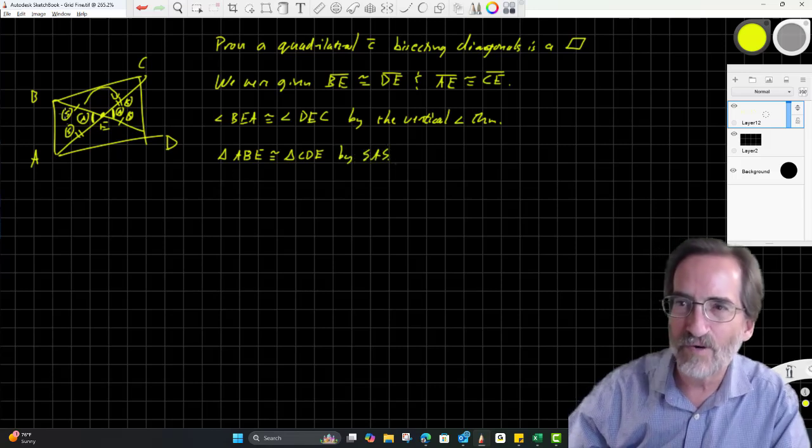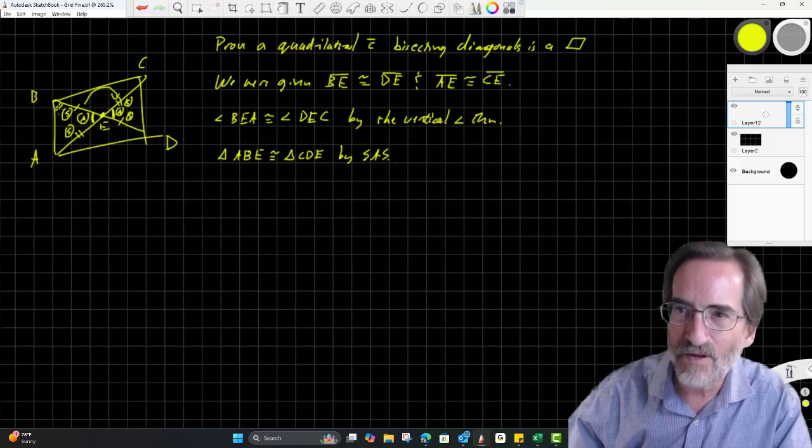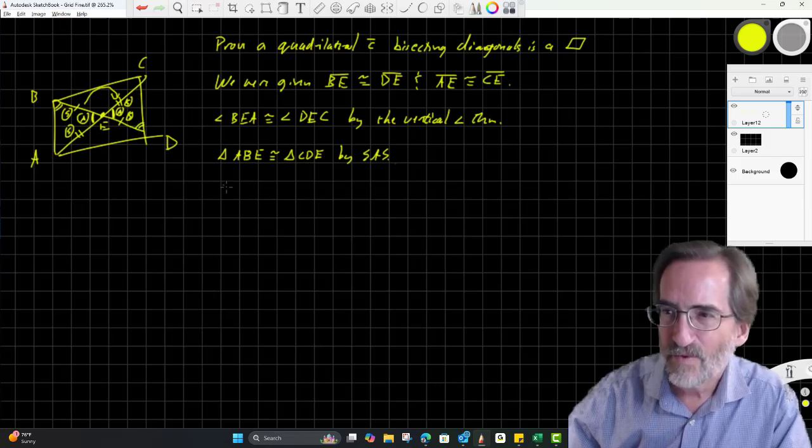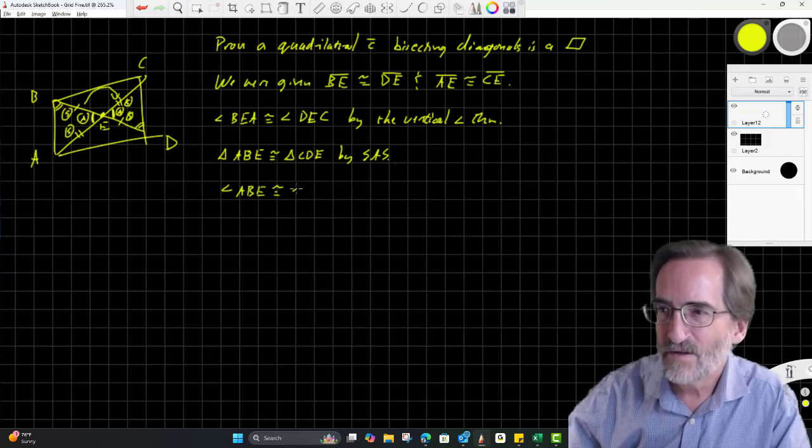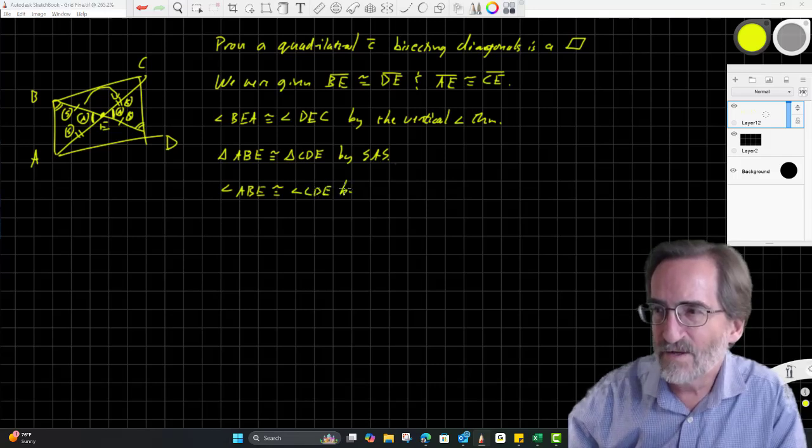Now corresponding parts. This angle, angle ABE, is congruent to angle CDE. And, because I'm going to use the same reasoning, same logic, I'm going to list them in the same step.